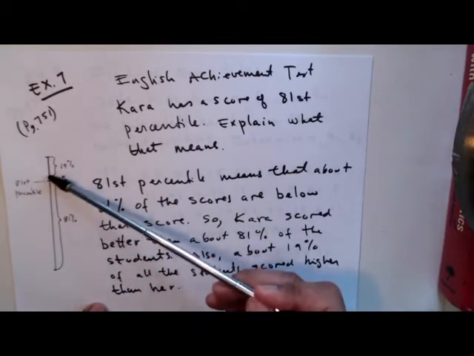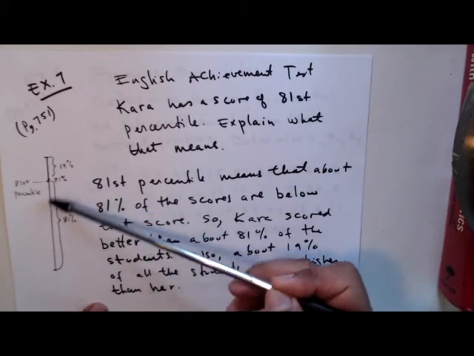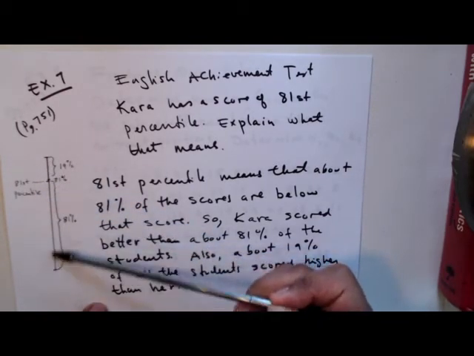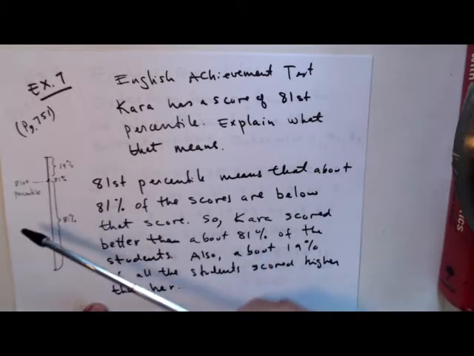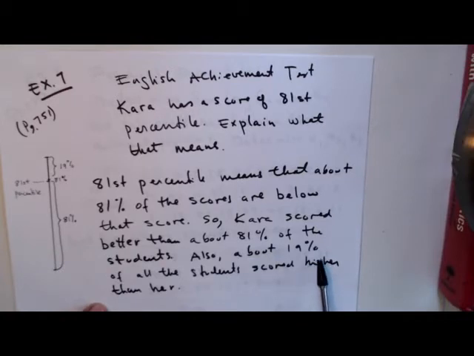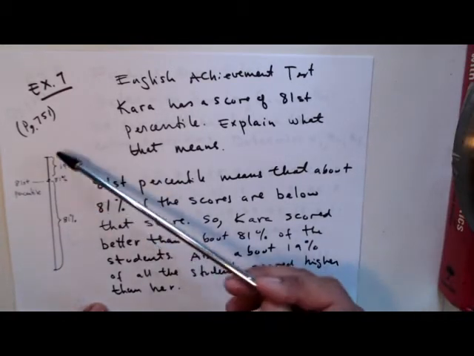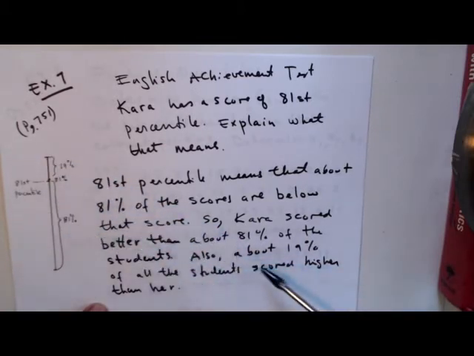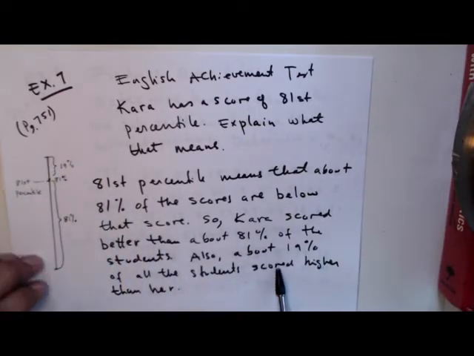So she's above all the other students right here. But on the other hand, when you look to the upper numbers here, you will see that Cara is also 19% below the higher scores. And so other students scored about 19% above her. Okay, it's a way of comparison of the data.